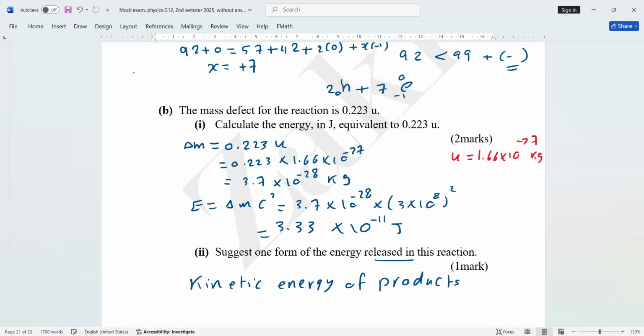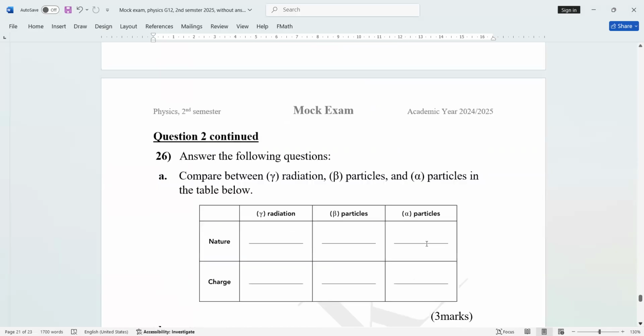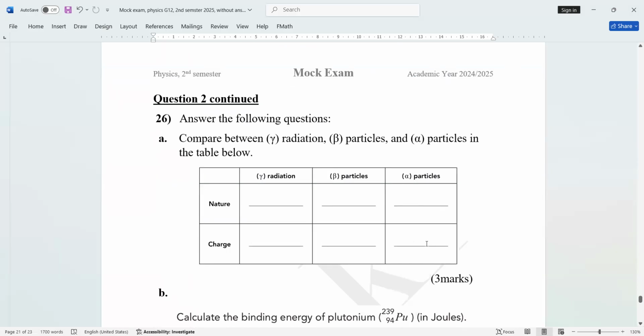Okay, next question. Answer the following. Compare between gamma radiation, beta particles, and alpha particles in the table about the nature. Gamma is electromagnetic radiation. Beta is a negative or positive electron.